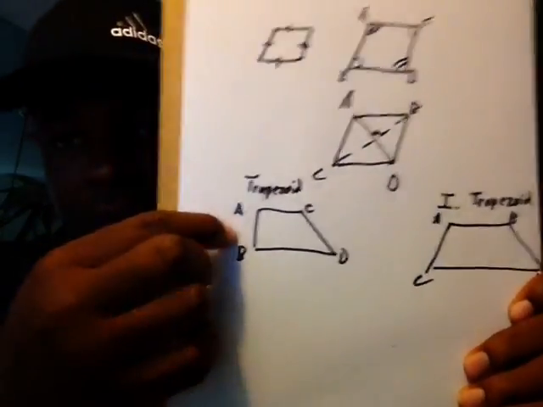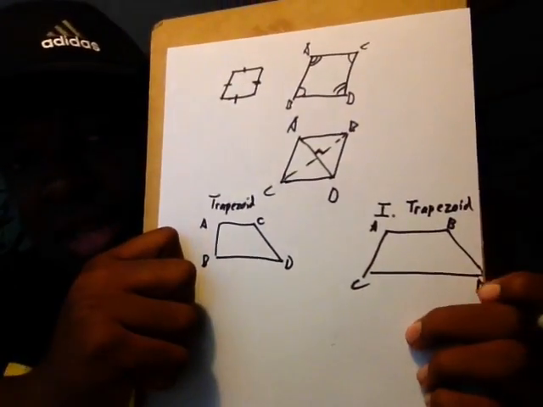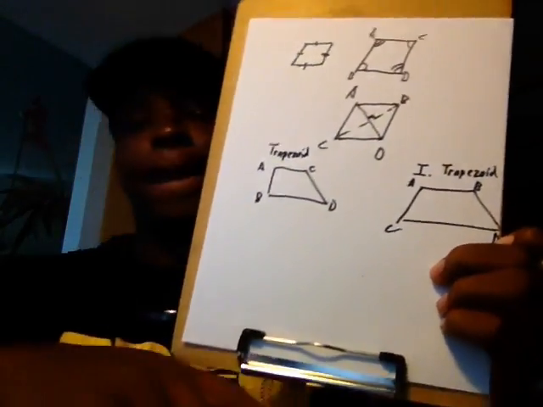Regular trapezoid, surprisingly. Isosceles trapezoid, this one right here. Okay. So, let's go over it real quick. They have a special property for a regular trapezoid, not an isosceles trapezoid.